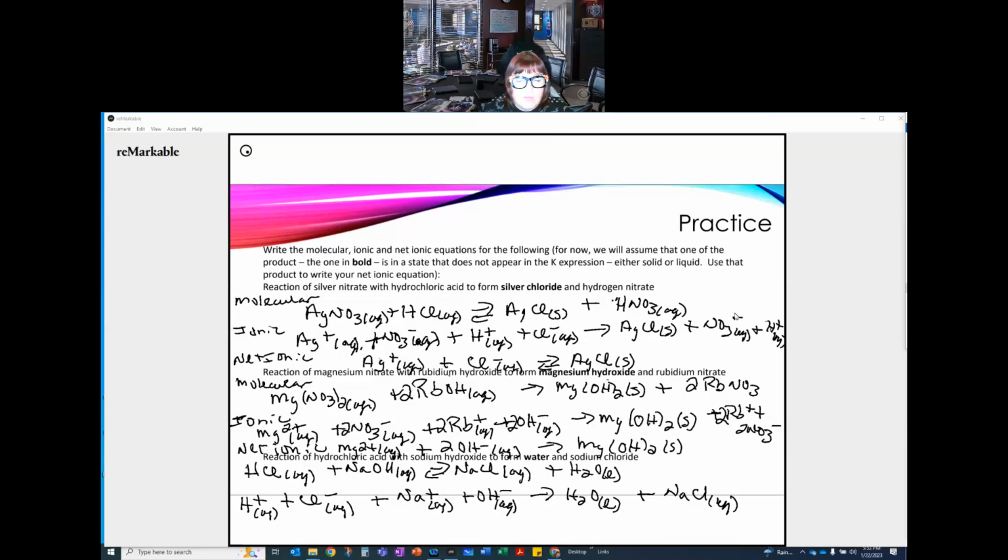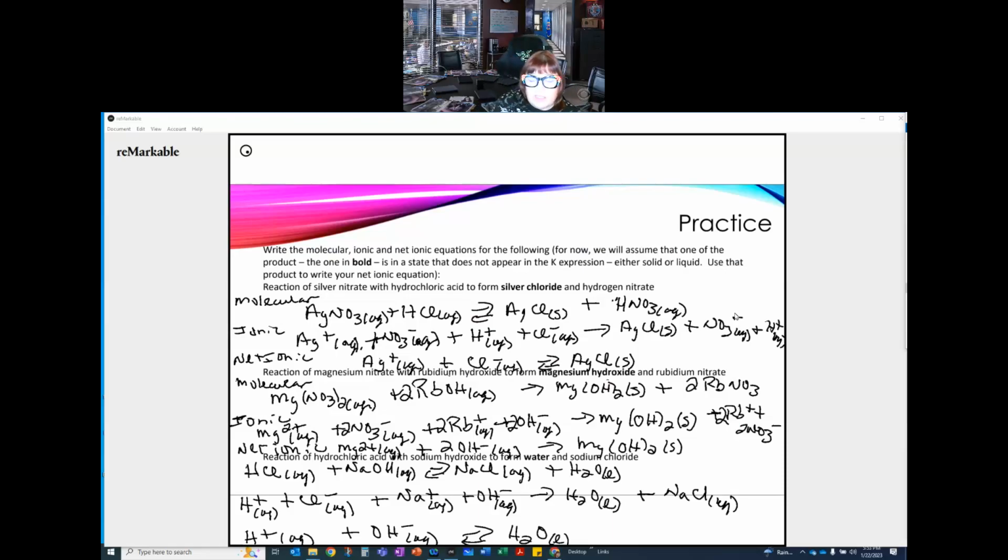Now, does it come apart to some small extent? Yes, but it stays as a liquid there. And so my net ionic equation, the only parts that I care about are the H+ and the OH-, both of which are aqueous, going to give me an H2O liquid. So those are the things that I care about with that.